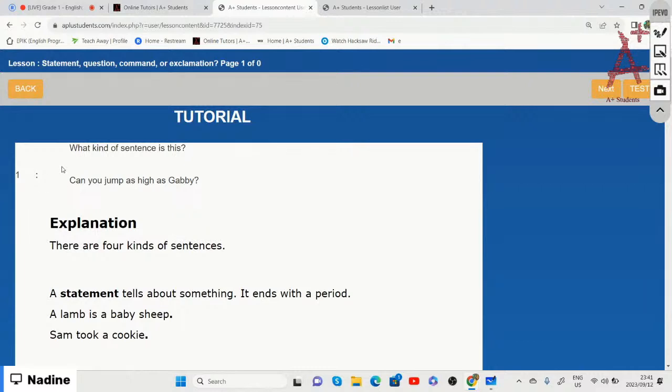So now we're going to say, what kind of sentence is this? Can you jump as high as Gabby? It ends with a question mark. We need to say if it's a statement, a question, a command, or an exclamation.